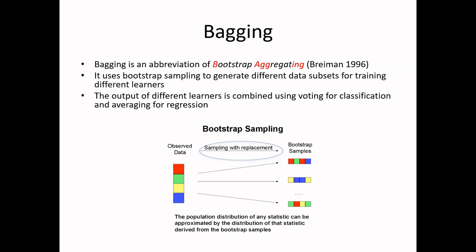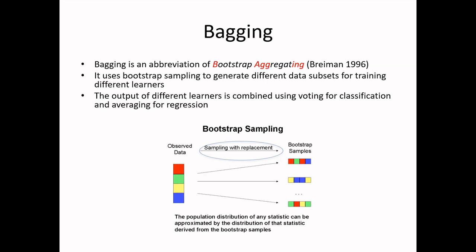And of course, these are put back. So next time it's possible we might pick yellow, blue, blue, yellow. Next time we might pick green, red, yellow, blue. The point is that there is a possibility that some of the data points will be picked again.